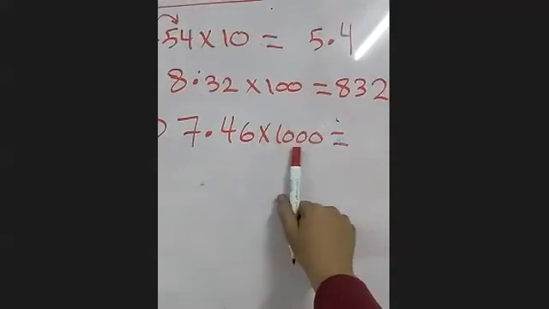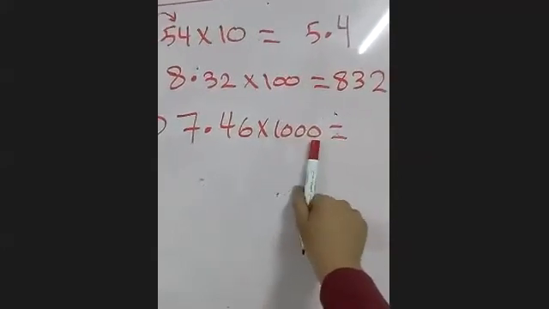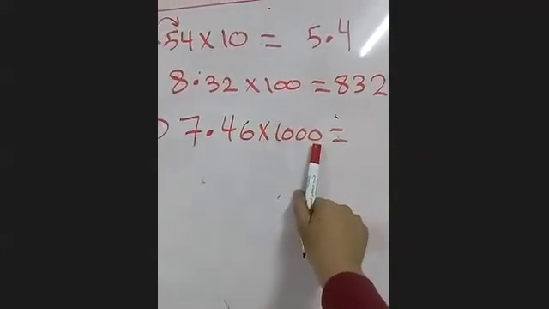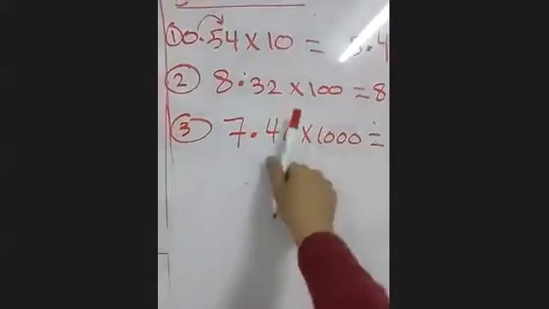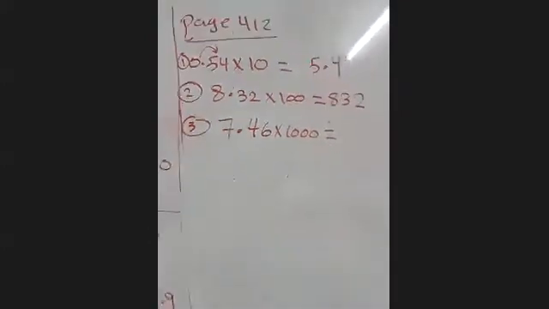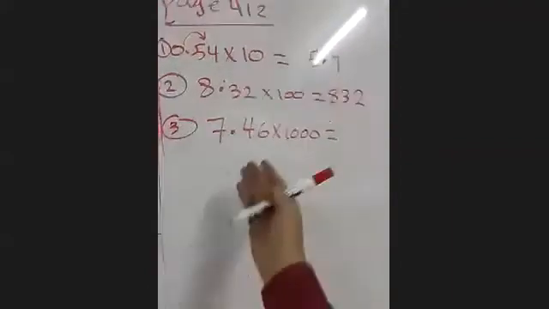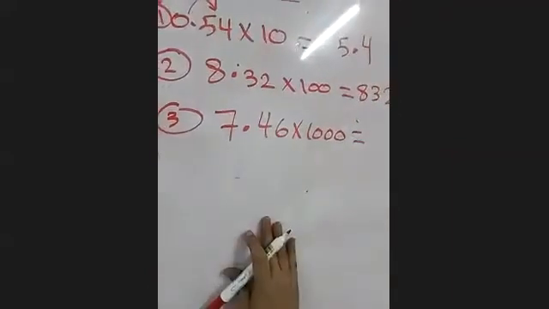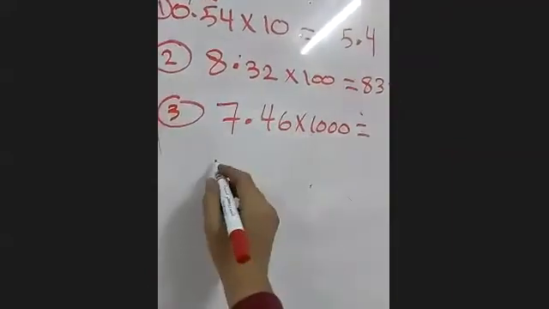So we have 3 zeros, right? How much will I push the decimal? How many digits? 3. Do we have enough digits? No. I have 2 digits. What do I need to do?